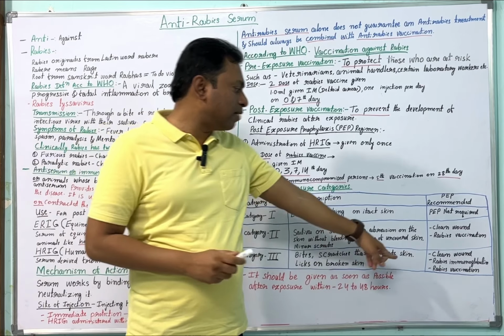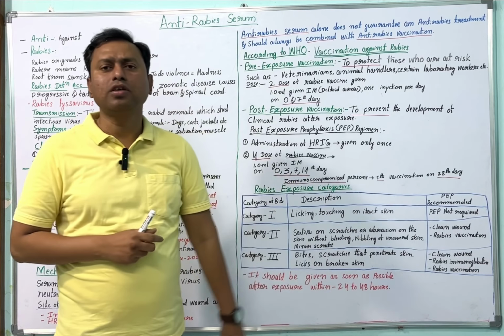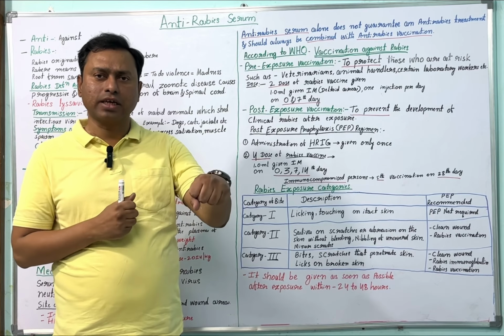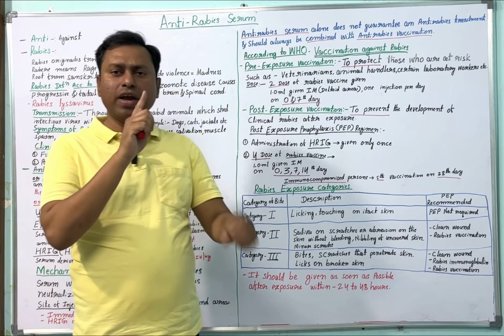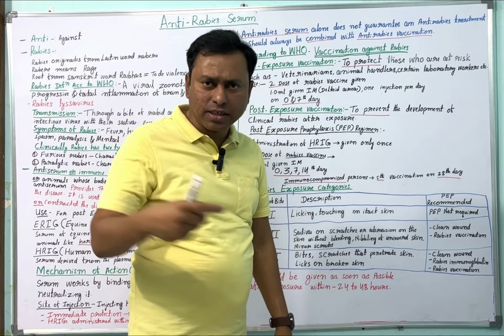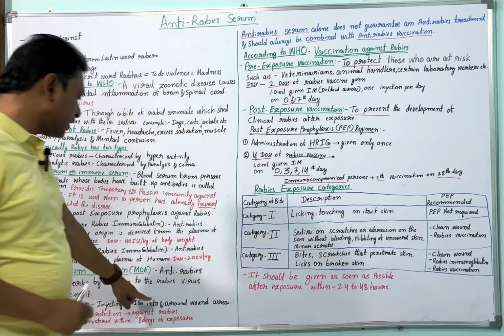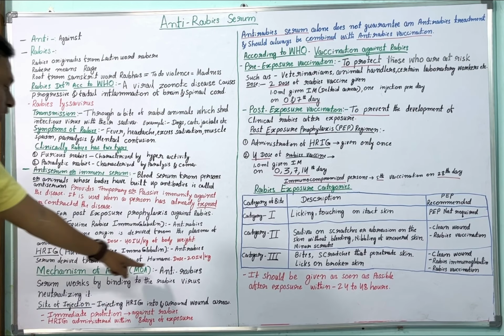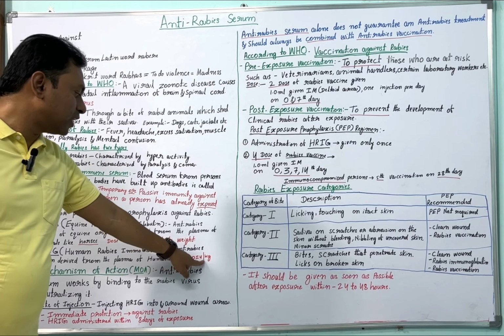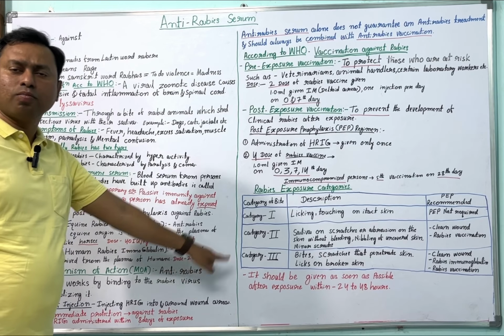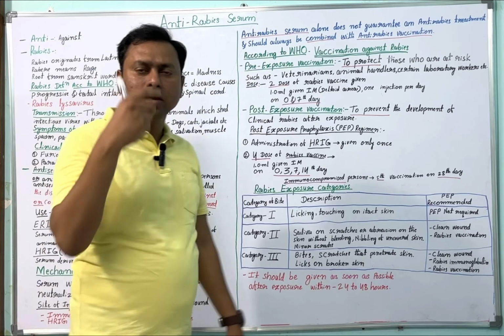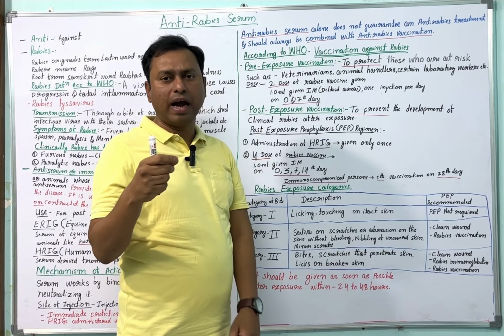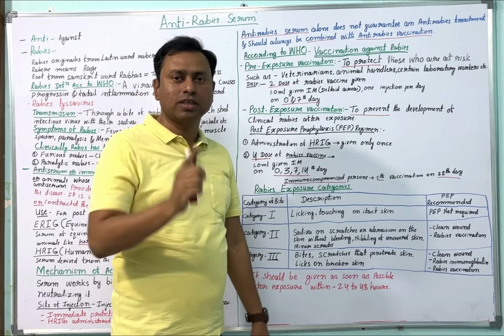Next is rabies immunoglobulin injection. We have to inject wherever the bite site is, around the bite. If you are selecting HRIG, the dosage is 20 international units per kg body weight. We give the injection at the site of the bite or around the bite. This is the first thing.